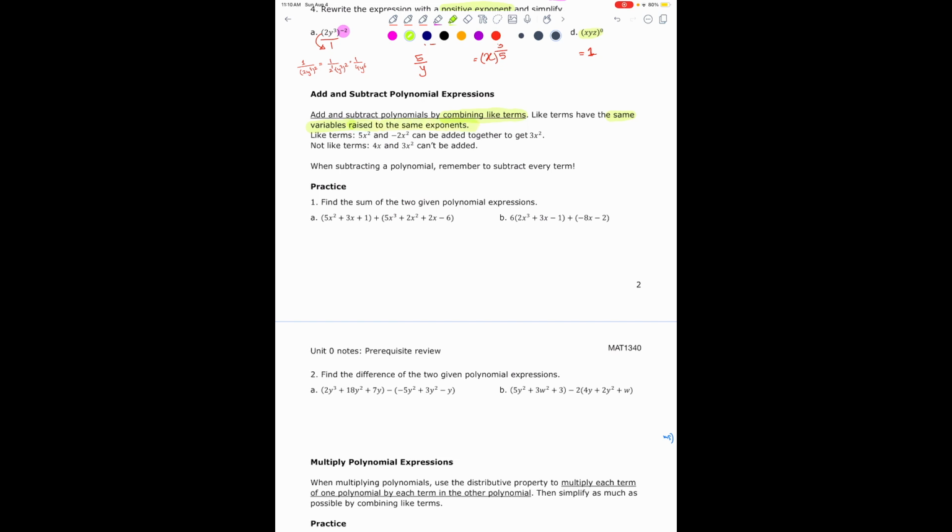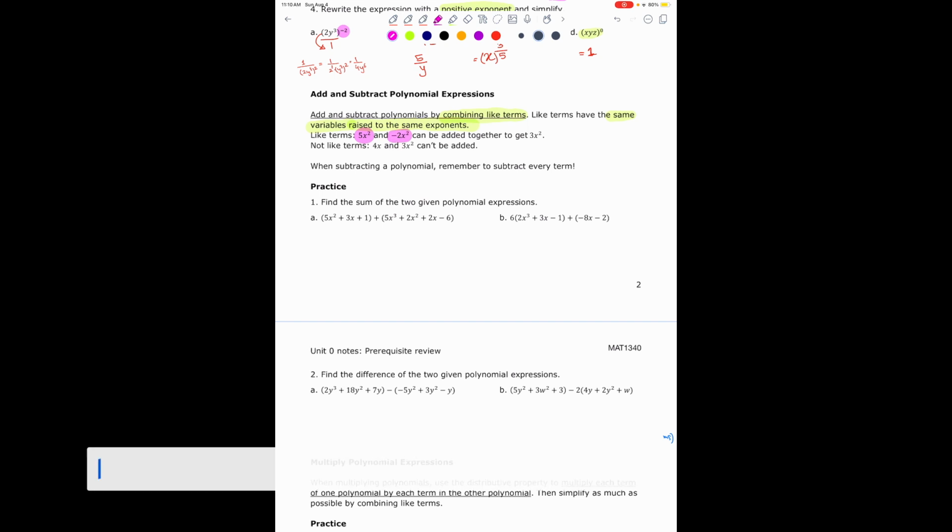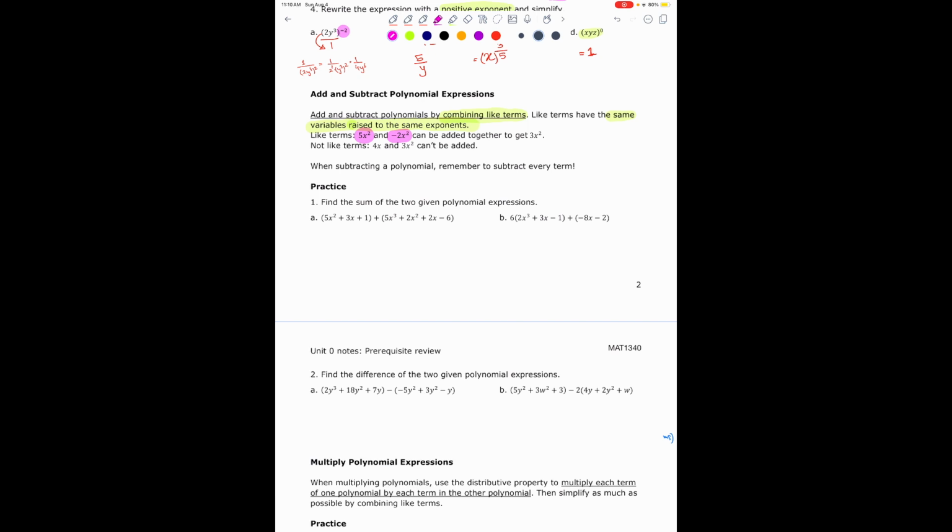For example, 5x squared is like -2x squared. Notice how we do not care about the number, which is the coefficient. The number in front of the variable is called the coefficient. We don't care about the coefficient. What we care about is the variable, which is the base, and the exponent.